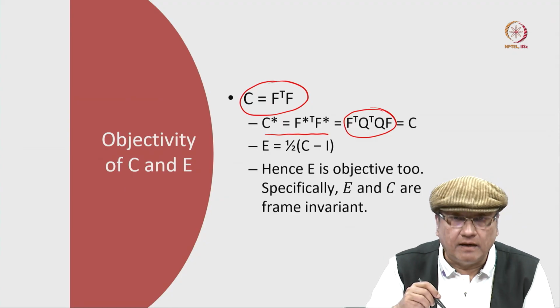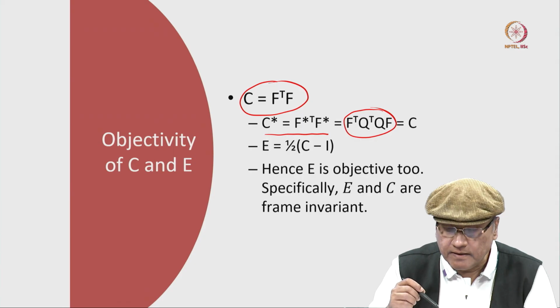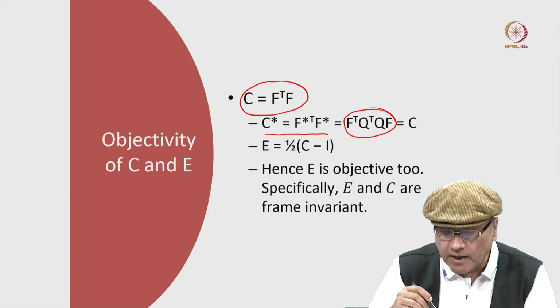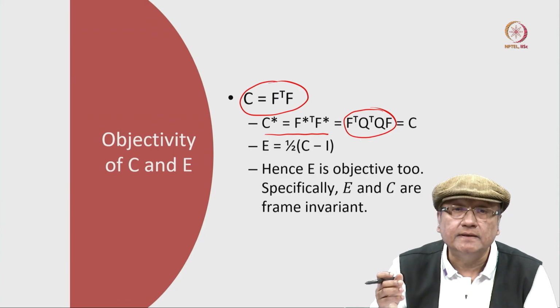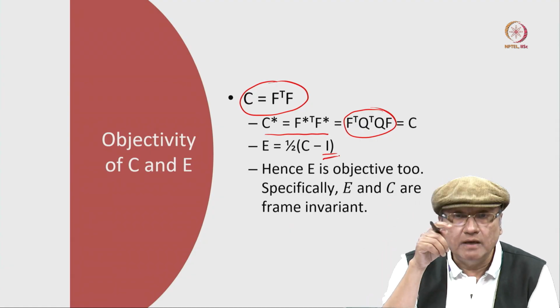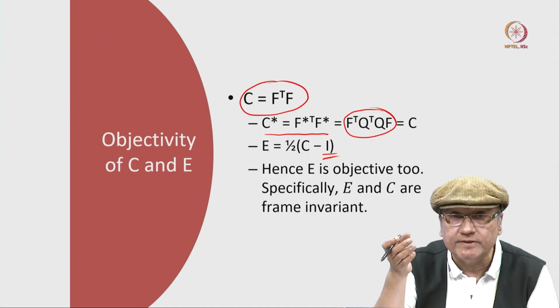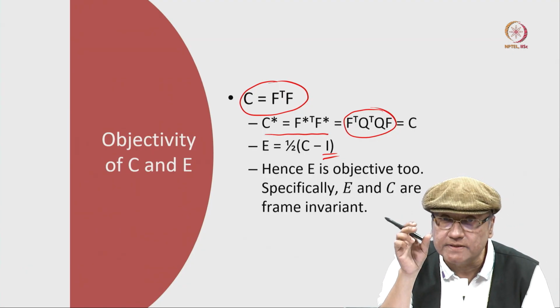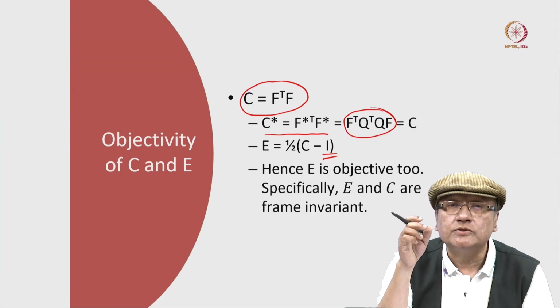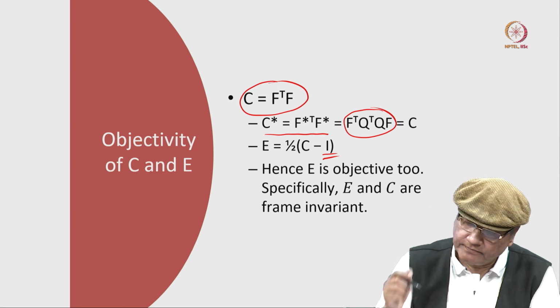Similarly, we have E star. E is basically the Green-Lagrange strain, which is related to C through half C minus I, the identity. Recall this identity is an identity sitting on the reference configuration. It is an identity on vector transformations where vectors live in the reference configuration. So this identity leaves those material vectors unchanged.